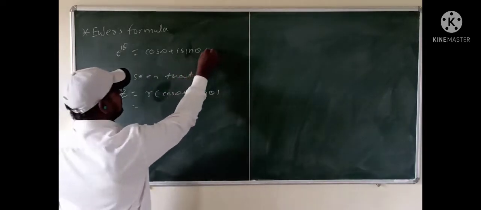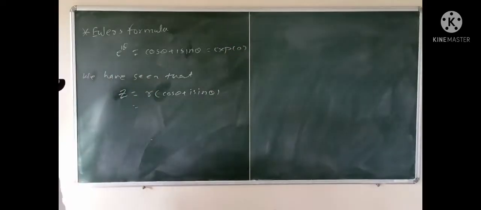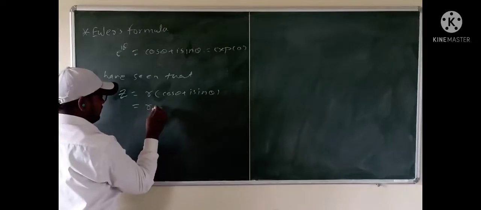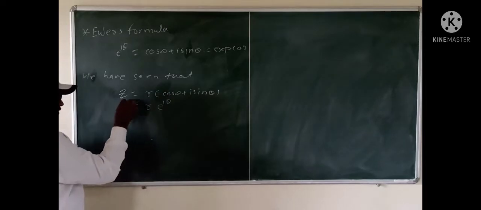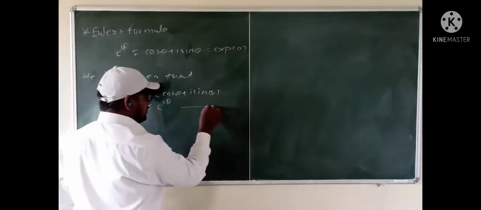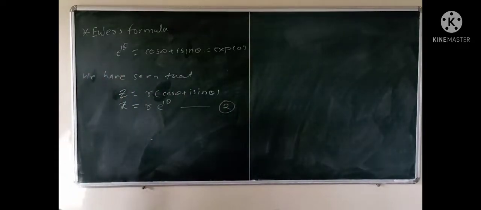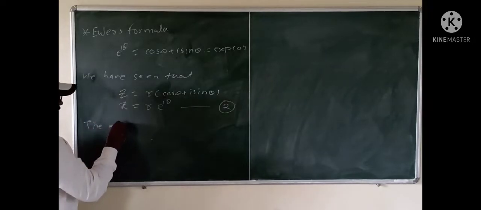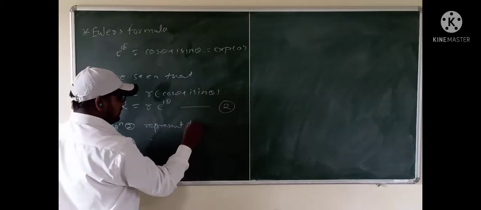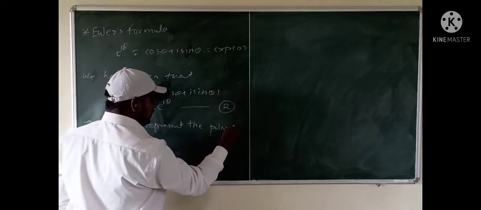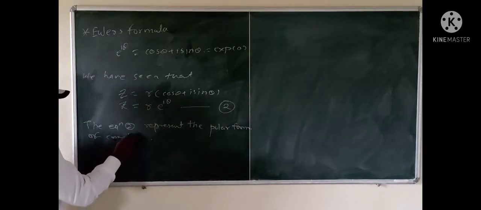This can also be written as r e raised to i theta. So using Euler's formula, the complex number is represented as r e raised to i theta. This is equation 2. Equation 2 represents the polar form of complex number z.